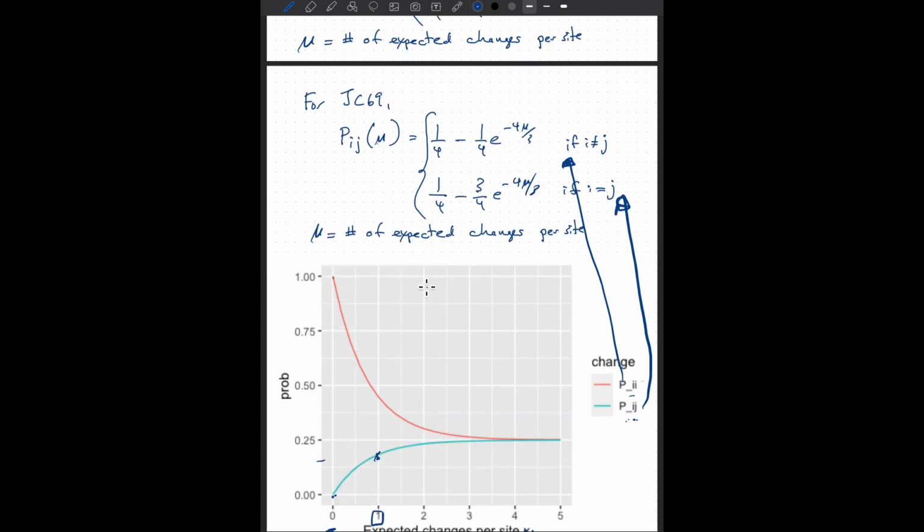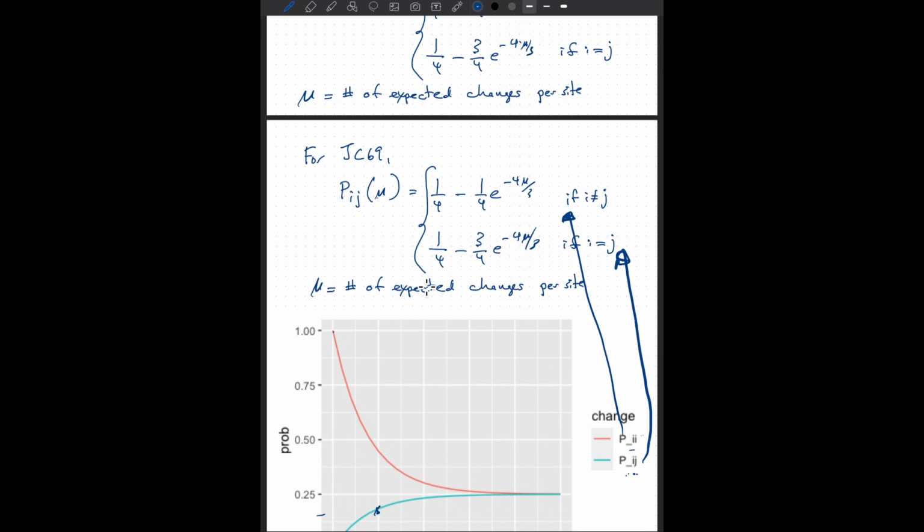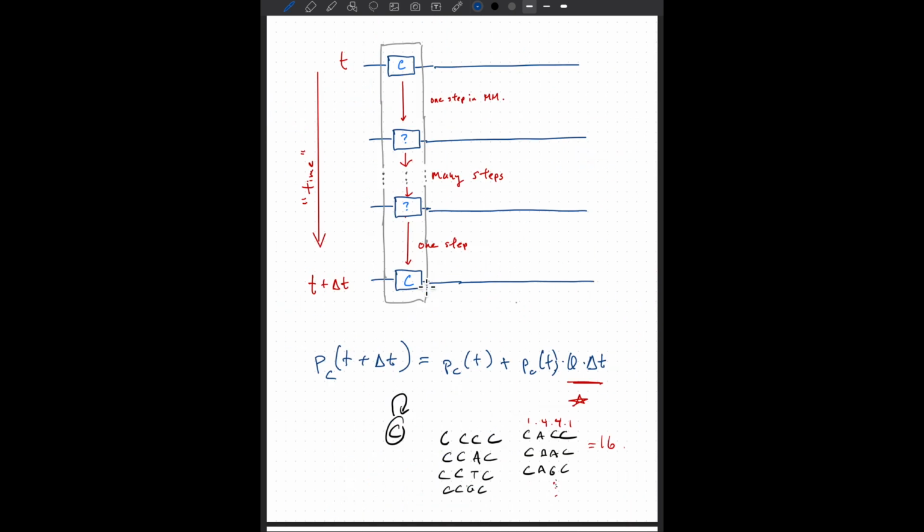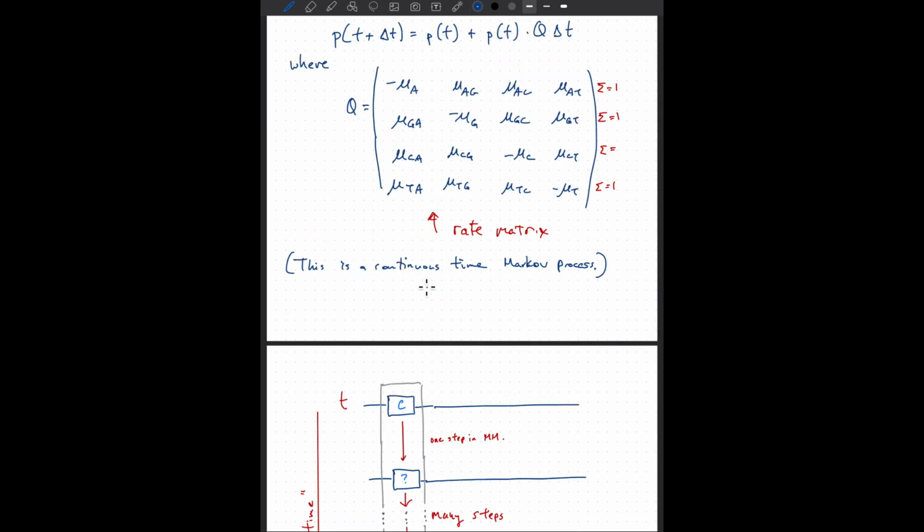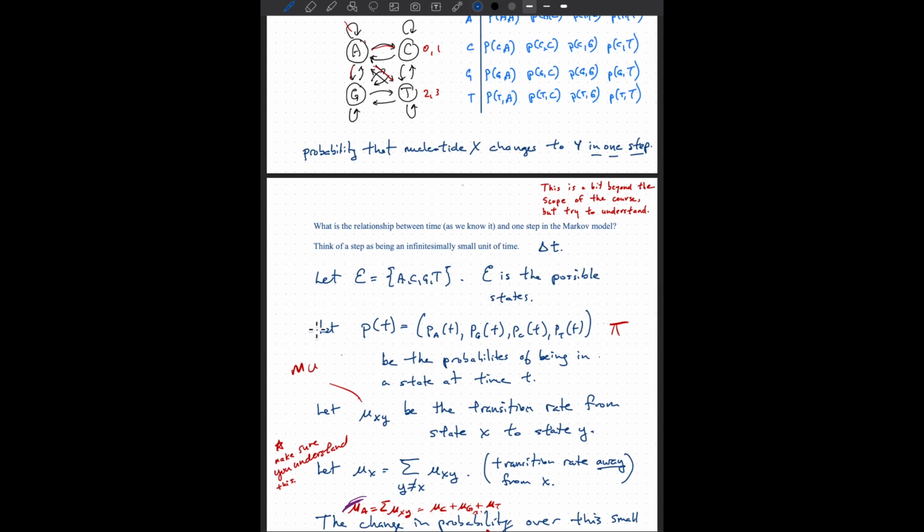A few slides ago, this vector here was our pi, the initial probabilities, and I gave this thought experiment where you pick a site in the yeast genome, play God, and let it evolve for 1 billion years, then ask what's the probability that you're in state A, G, C, or T.